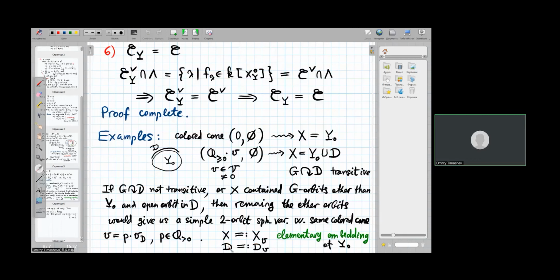Yes, well, of course. You can even determine this orbit. So you can even determine the action of G on D in a sense. Maybe it is not quite explicit, but in principle you can do it. So for example, Y naught is a homogeneous space, we write Y naught as G quotient H. So what is D?